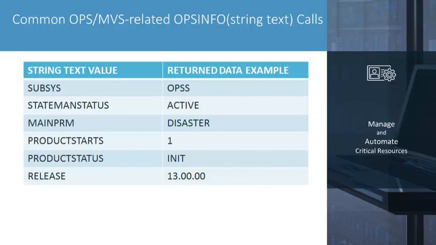This function is commonly used to perform different automated actions based on an event or a particular system at the time OPSINVS is initializing. The product starts and product status OPSINFO functions can be used together to determine if OPSINVS is initializing for the first time after an IPL. Upcoming coding samples within this video will provide more usage details on these functions.